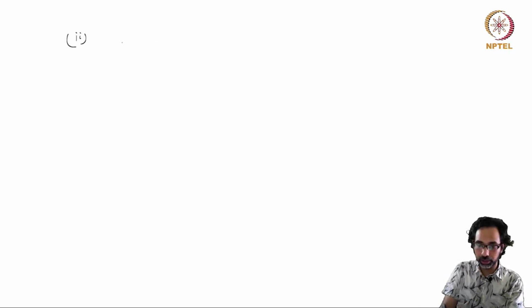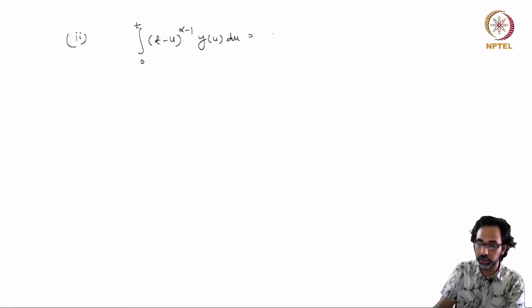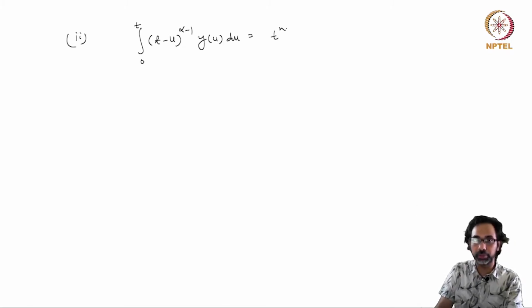Now let's look at another example. This is given by the integral equation, the integral from 0 to t of (t minus u) to the power alpha minus 1 times y(u) du, equal to t to the power n.